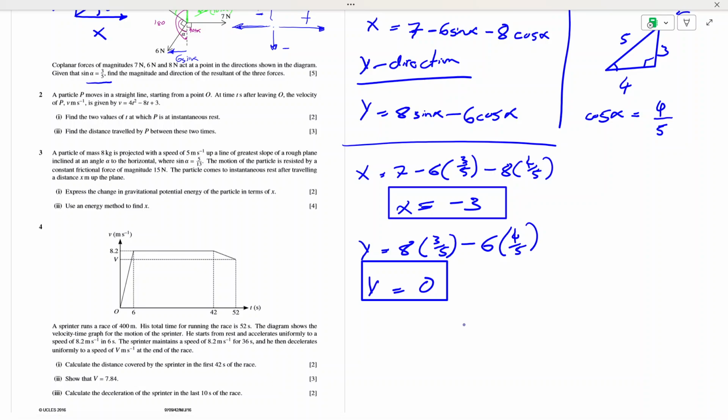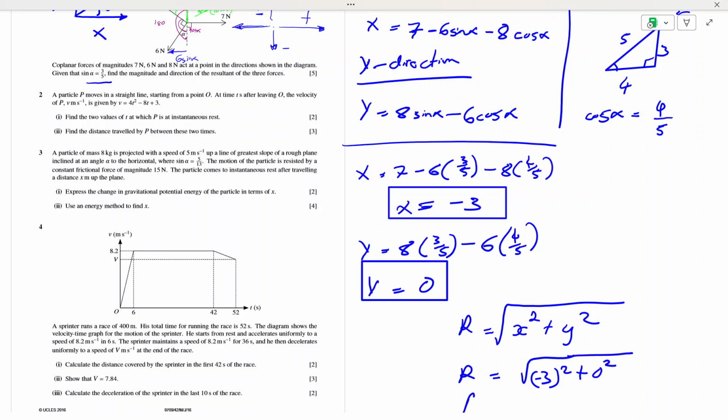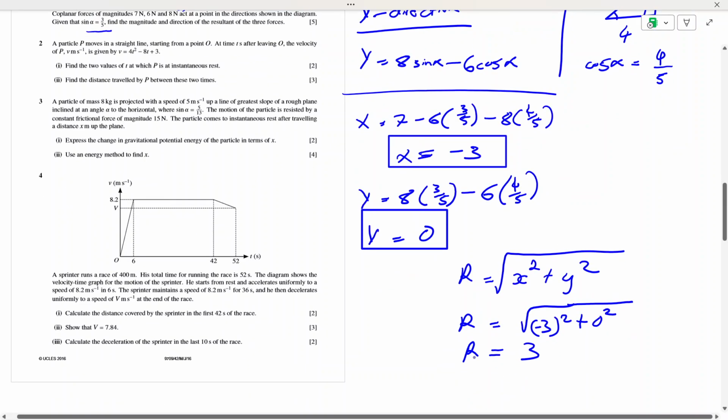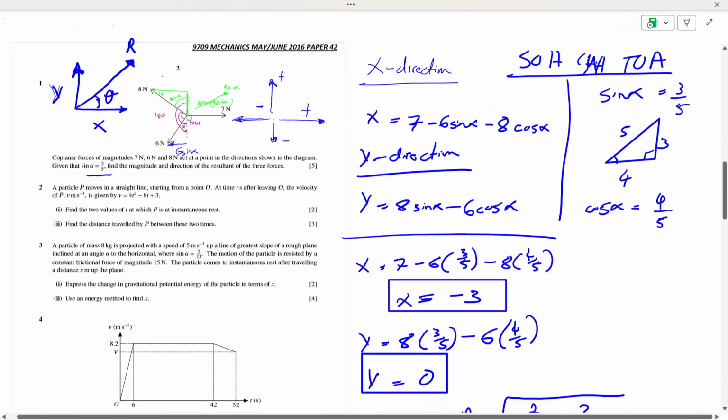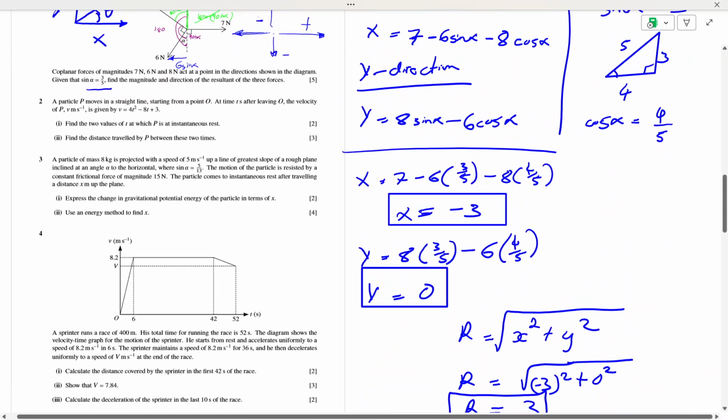We're going to say r is equal to the root of x squared plus y squared, which is simply the root of negative 3 squared plus 0 squared. And then you get your r is 3, like that. And then the direction is to the left.